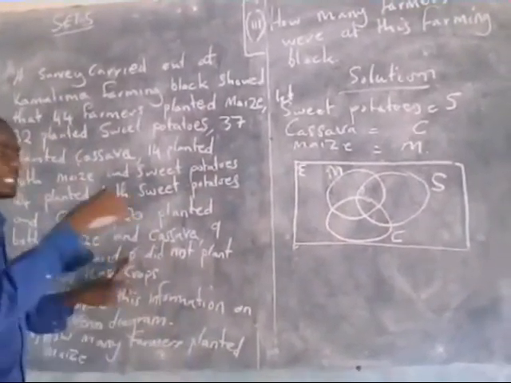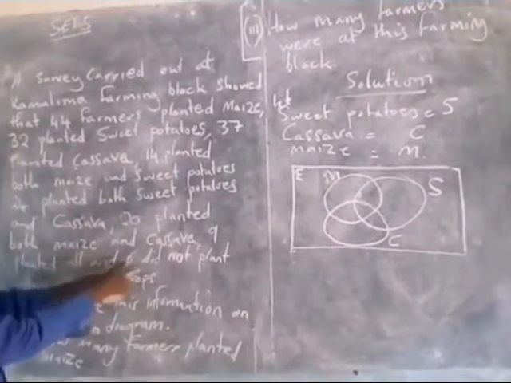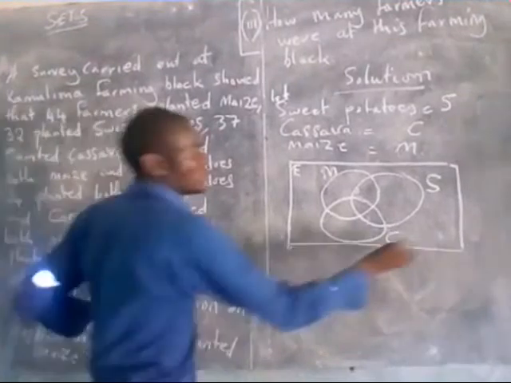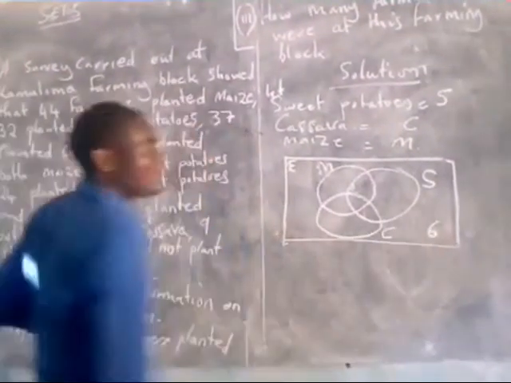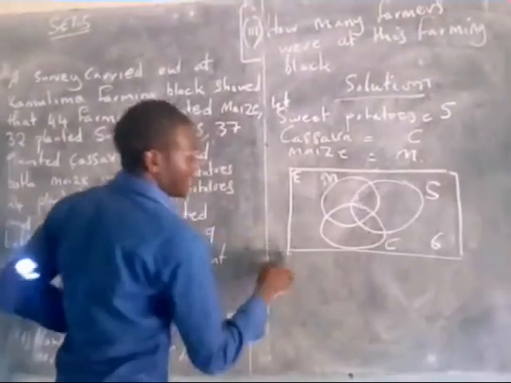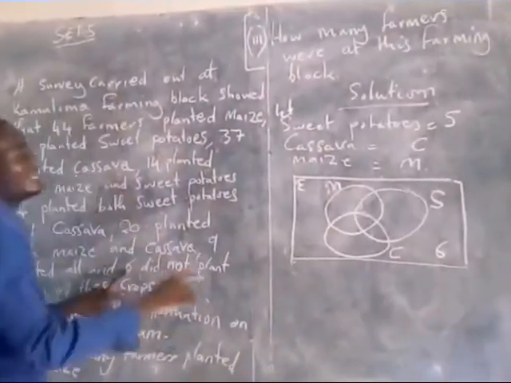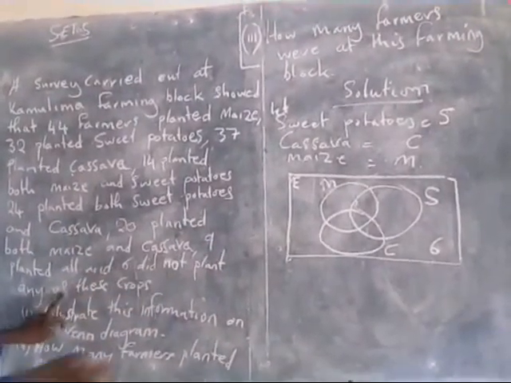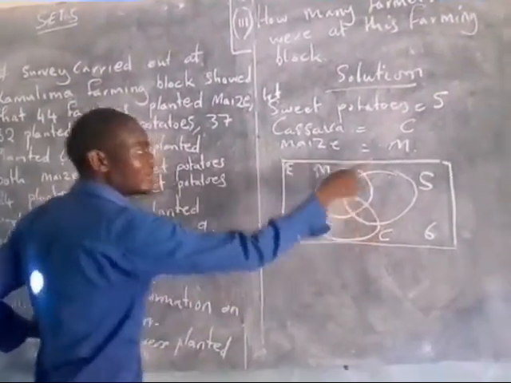They are in the universal set because they were part of the survey, but they did not plant any, and that's why they don't belong to any of the sets.